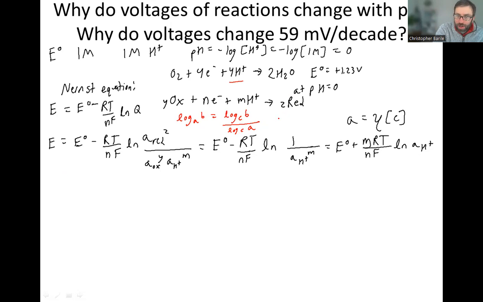So in our case, if we're going to write something analogous, what I'm trying to do to change a base here is take advantage of the definition of pH, which is the negative log of the concentration of protons. So if I want to rewrite the log of the concentration of protons, or activity of protons, which would be a more formal way of putting this, I would have log base 10.